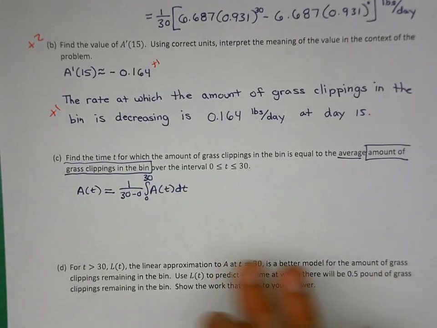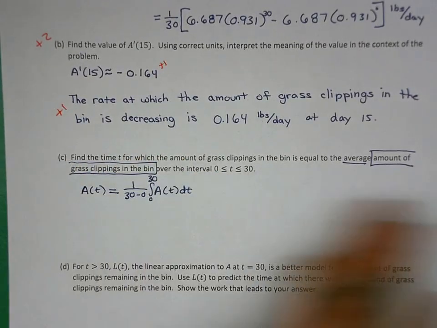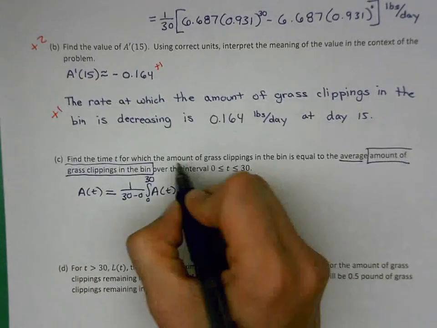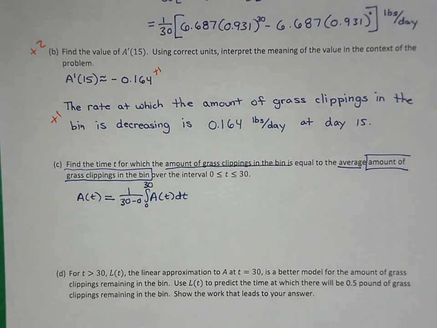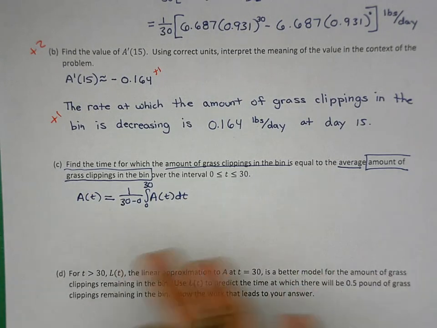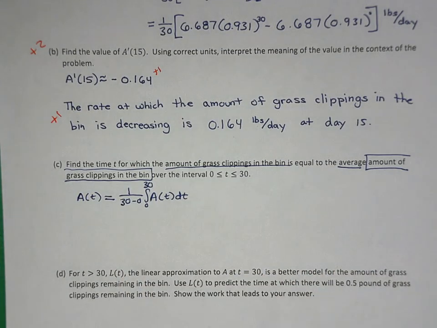And so just going kind of piece by piece through the problem, right? Find the time t for which the amount of grass clippings in the bin, okay, how do I write that? A of t equal to average amount of grass clippings, and so just piece by piece working your way through the sentence, setting up what they're asking you to solve for, and then being able to solve.